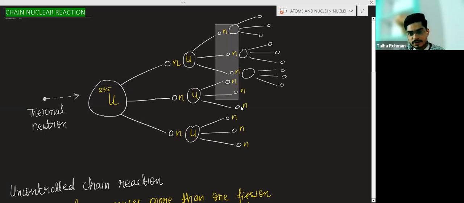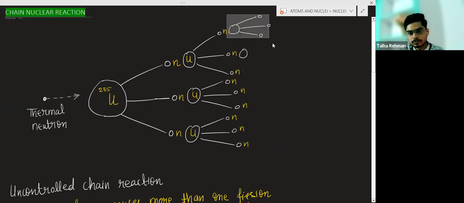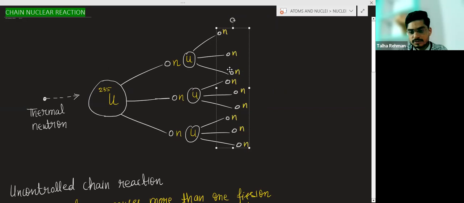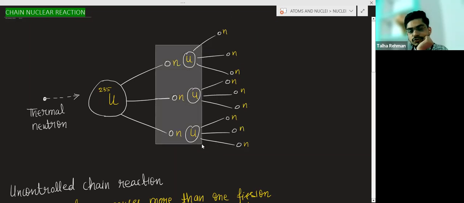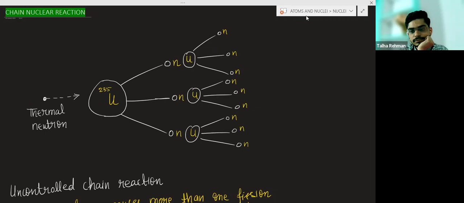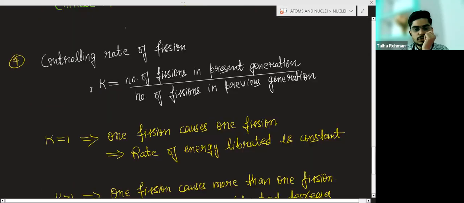If this reaction is here, at this point of time, then this will be considered as present generation. So present generation means how many fissions are taking place here? 9. And in previous generation, 3 fissions are taking place. So this is the value of K.